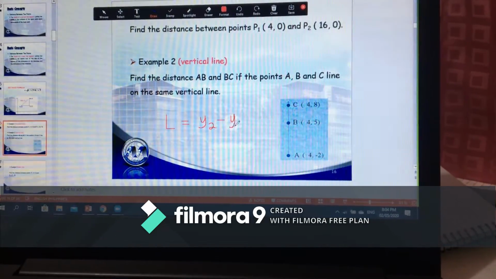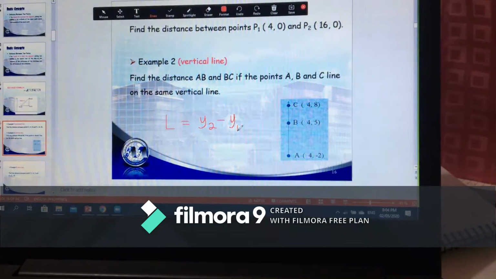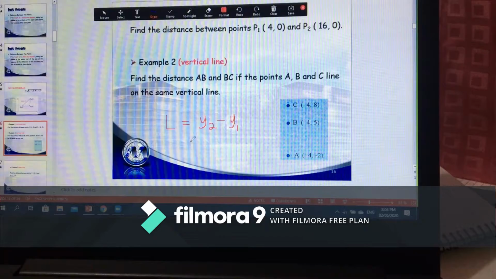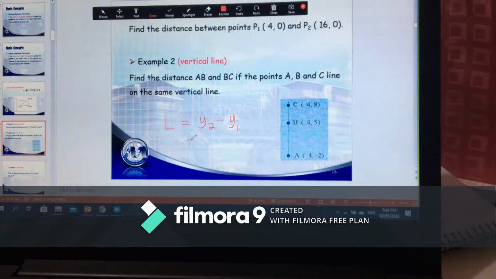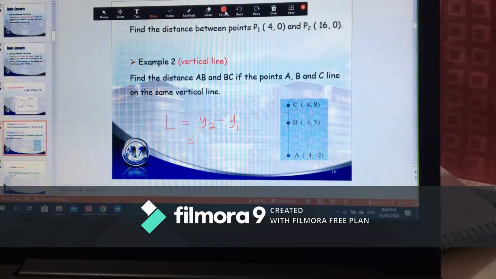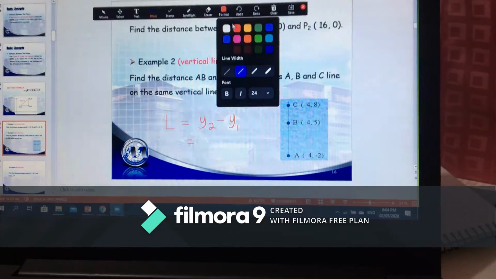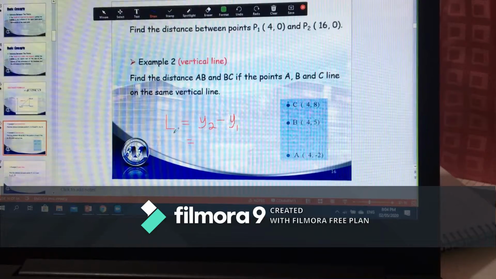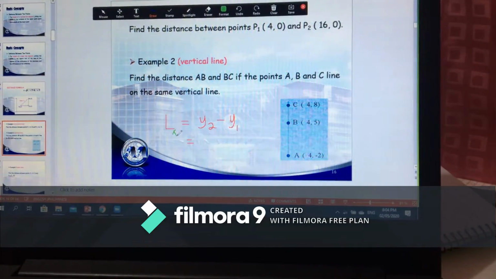So it says that the ordinate of the upper point, di ba? So ibig sabihin, saan dito ang ating y2? We are talking of AB. So now our distance, we use the subscript AB, from A to B.